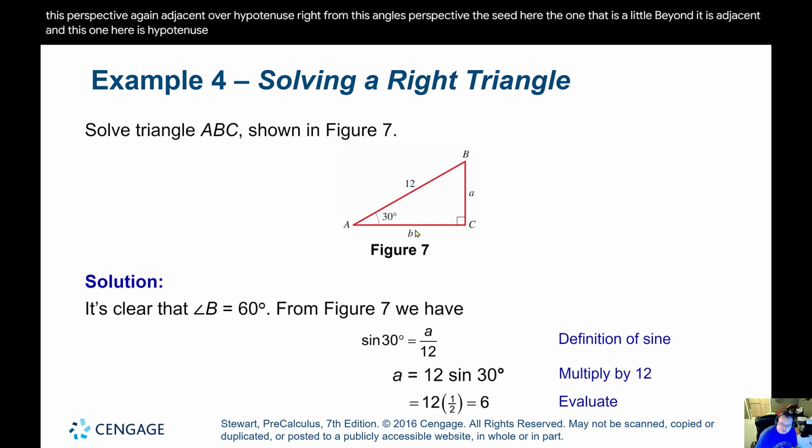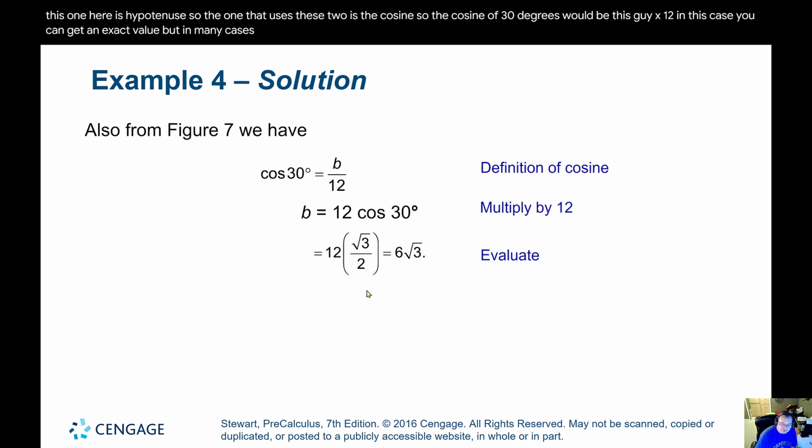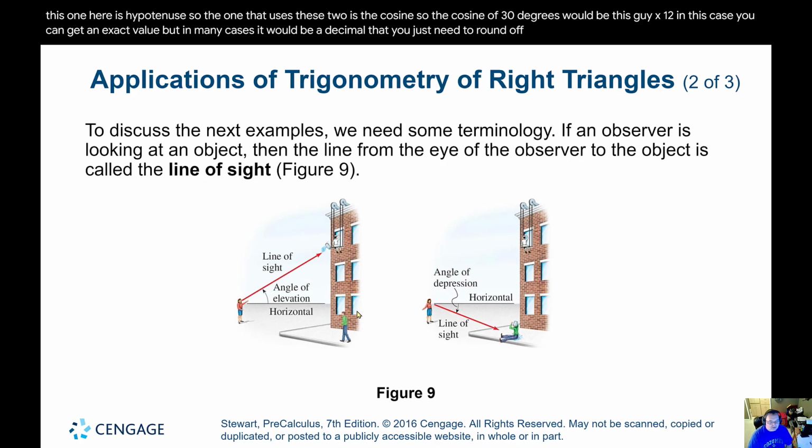So the one that uses these two is the cosine. So B is the cosine of 30 degrees multiplied by 12. In this case, you can get an exact value, but in many cases it would be a decimal that you need to round off. Well, let's look at some more terminology.